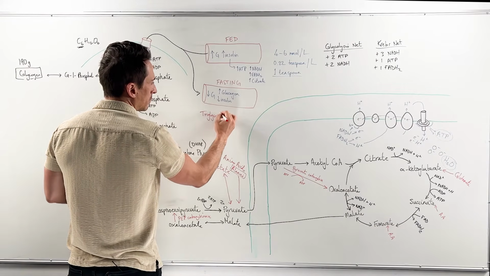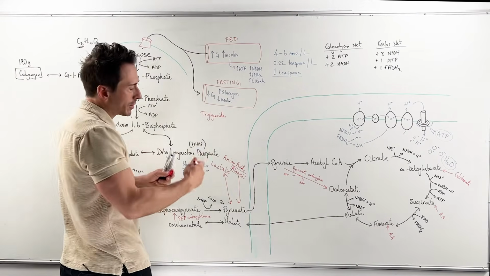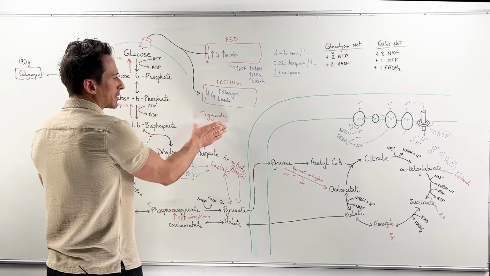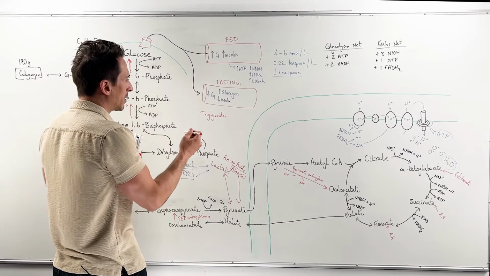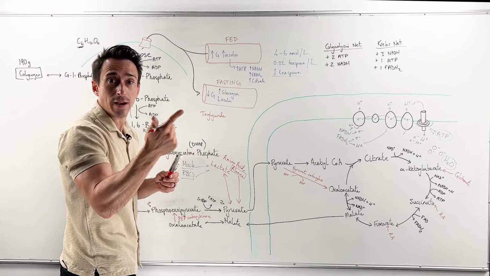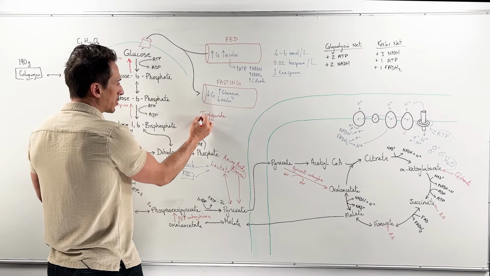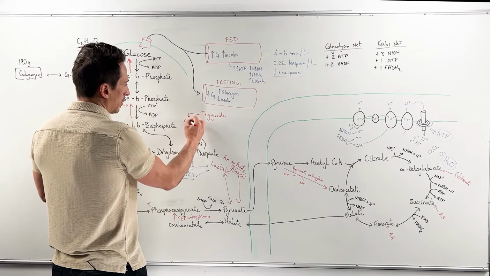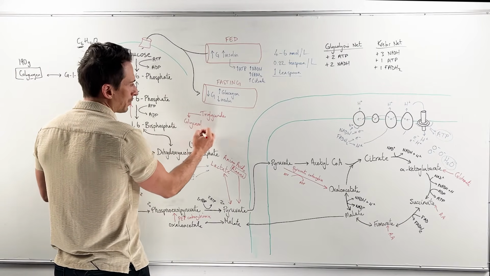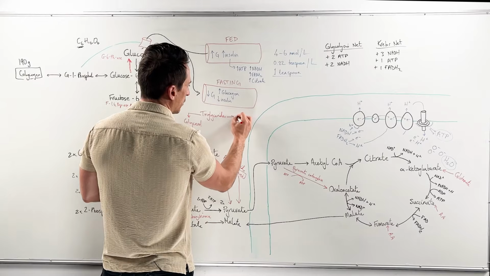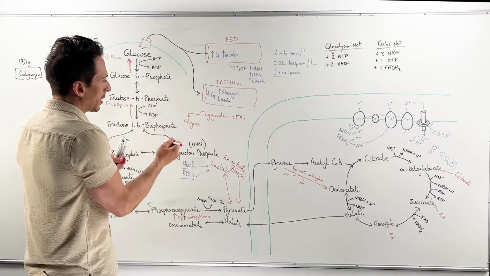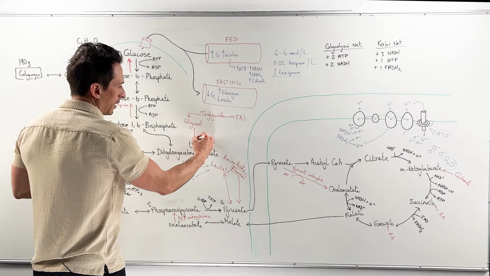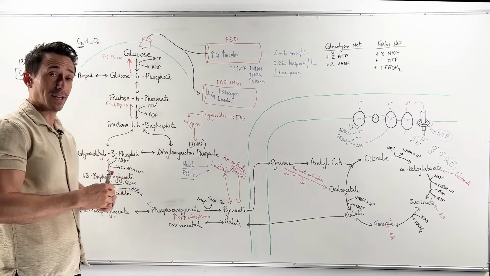Here's another point. We've also got triglycerides, right? Triglycerides, or triacylglycerides, depending on what you want to call them. That's fat, right? It's in adipose tissue predominantly. And triglycerides are made up of glycerol and fatty acids. So the triglycerides will split off and release the glycerol and will release the fatty acids. All right, let's first look at glycerol. Glycerol, thankfully, can turn into dihydroxyacetone phosphate.